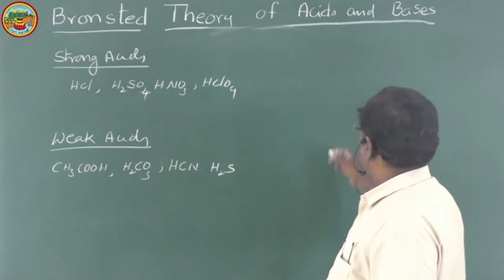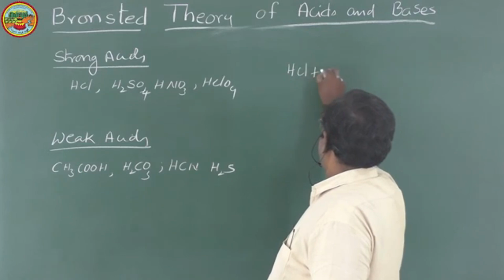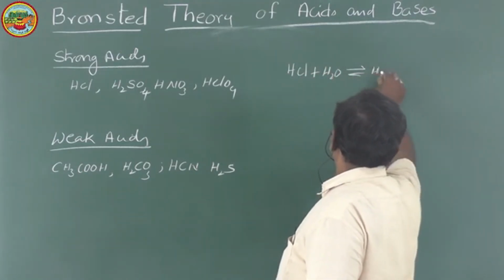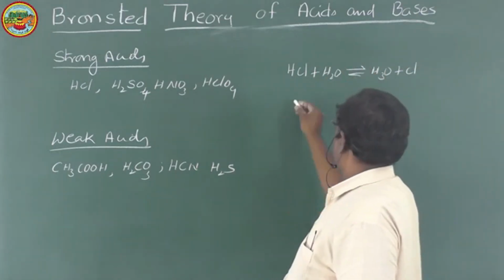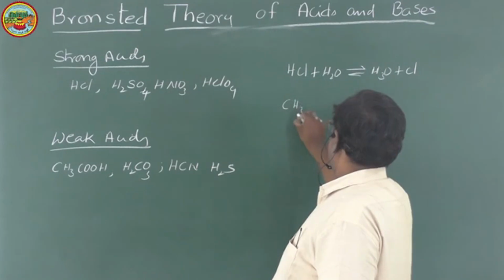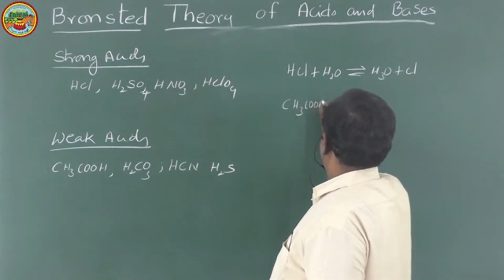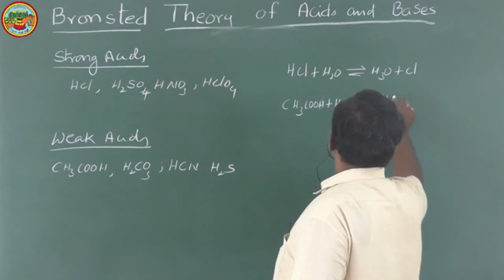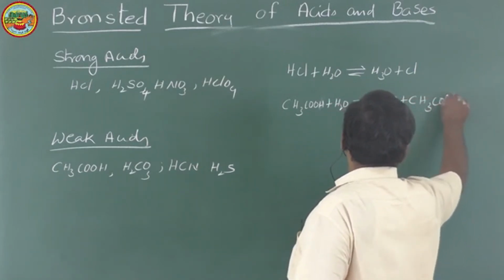Because if we take, for example, HCl, when it reacts with H2O, it gives H3O plus and Cl minus. If I write the equation for CH3COOH plus H2O, reversibly gives H3O plus and CH3COO minus.